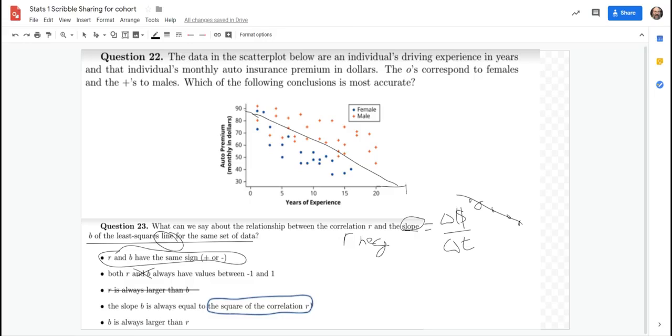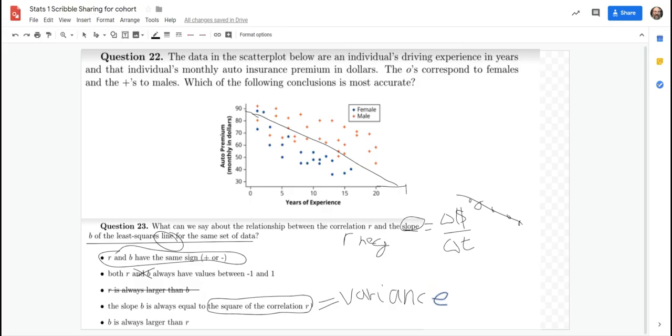The reason it's here, though, is that this square of the correlation R has a name. It's called the variance. And it actually is useful when we know the R squared. Then we state R squared as a percentage, and we say we can predict R squared percentage of the variation in the one variable because of the other.